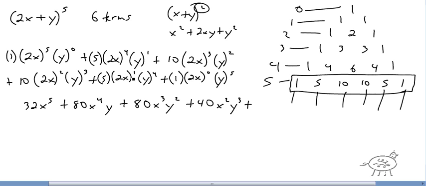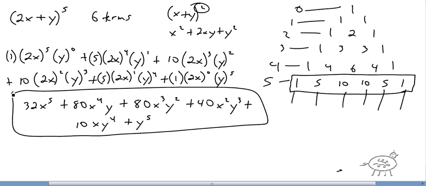Next one, that's easy. It's 2 to the first, 2 times 5 is 10, so it's plus 10 x y to the 4th. And then my last term, that's just 2 to the 0 is 1, so it's plus y to the 5th. And that is 2x plus y to the 5th expanded.